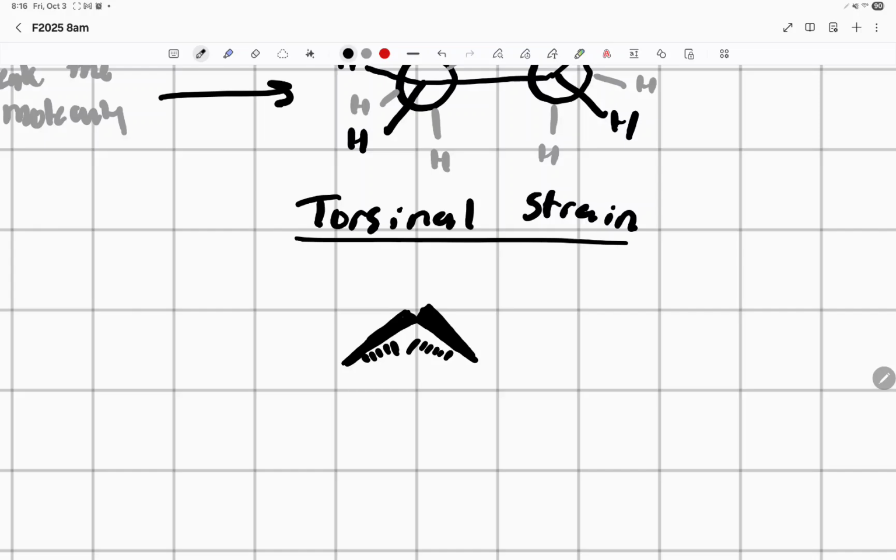And that's the type of shape that it's going to get, just to try and, again, relieve some of that torsional strain. So there's a competition going on where it wants to keep these optimal bond lengths. It wants to keep these optimal hybridization geometries. But there's also the torsional strain that's there trying to prevent all of that from happening.